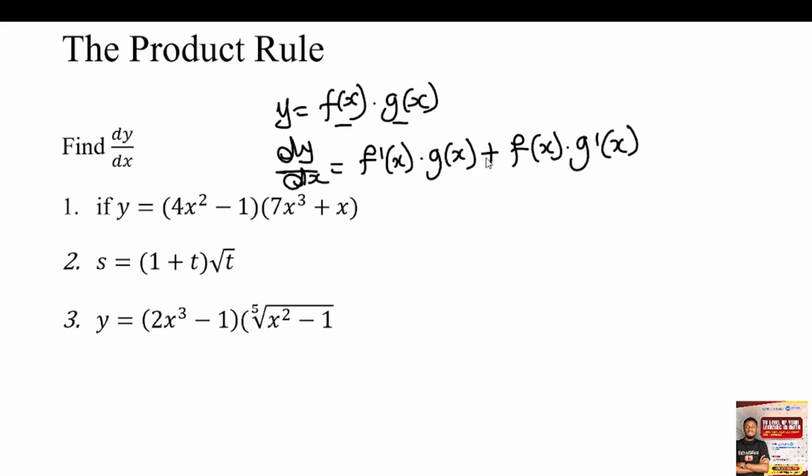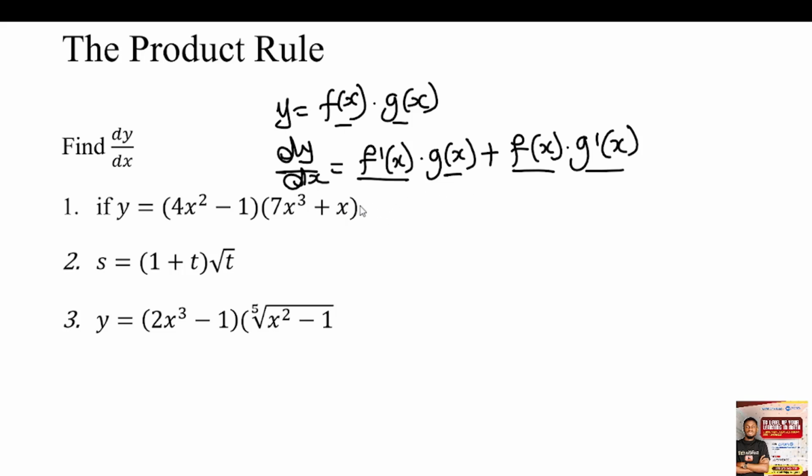This means that differentiate the first one, keep the second, then keep the first one, differentiate the second, and after that add them together. So that is how the product rule is used. You differentiate the first function, you keep the second one constant, then you keep the first one constant, you differentiate the other one. After that, you add your result.